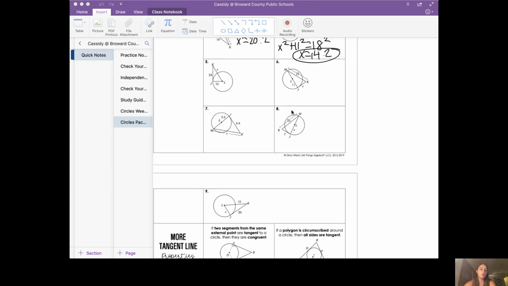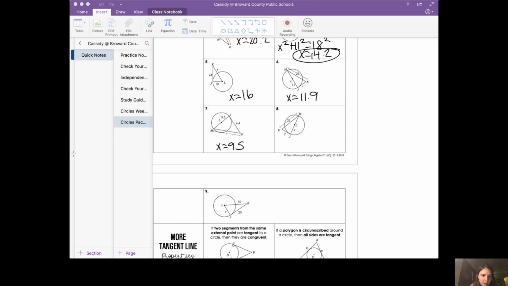All right, hopefully you did those. Number 5, you should have gotten x equals 16. Number 6, you should have gotten x equals 11.9. Number 7, you should have gotten x equals 9.5.